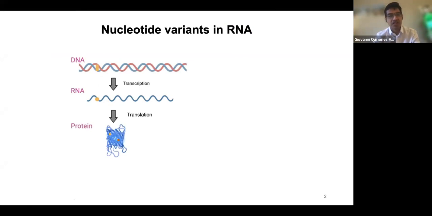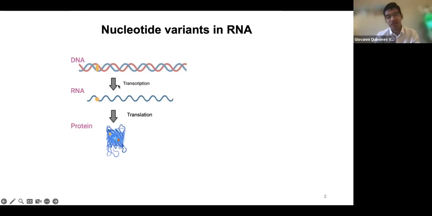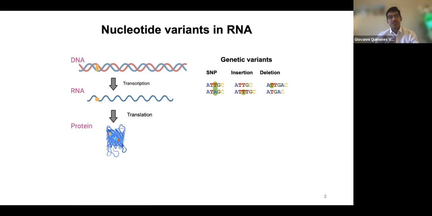And of course, potentially, these mutations could also affect the final protein product through the process of translation, when we convert RNA into protein. Now, we can categorize small genetic variants into three categories: SNPs, insertions, and deletions.